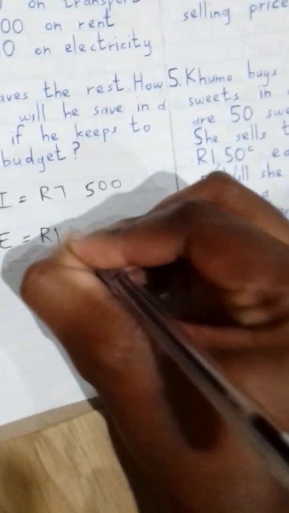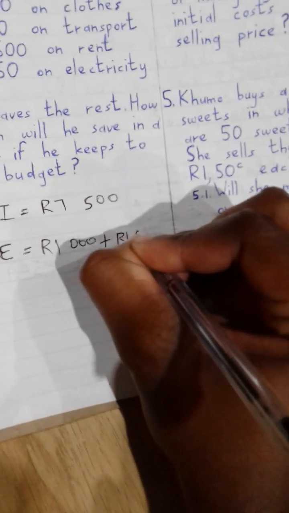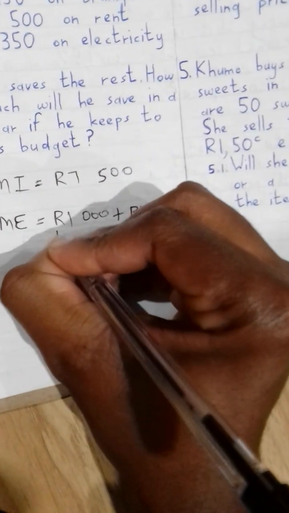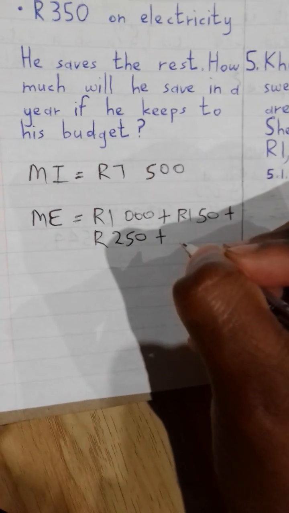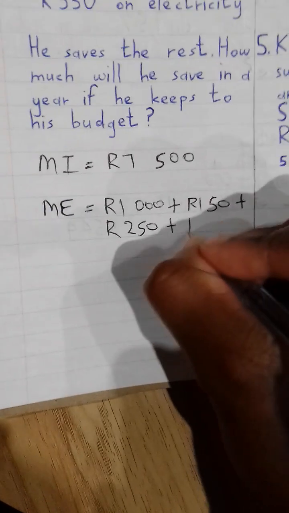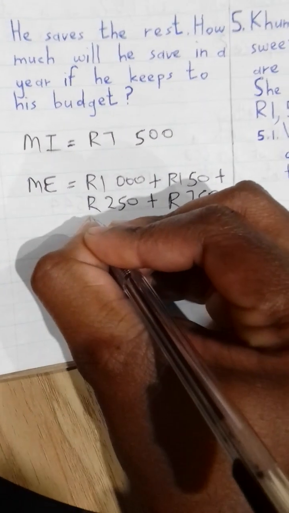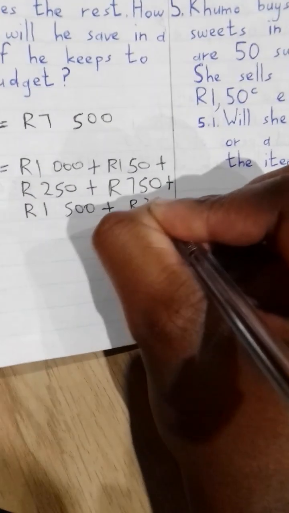So it's going to be 1,000 rand, which is for the food and groceries, plus 150 for the airtime, plus 250, which is for the clothes, plus 750, which is for the transport, 1,500, which is the rent, 350 rand, which is for the electricity.